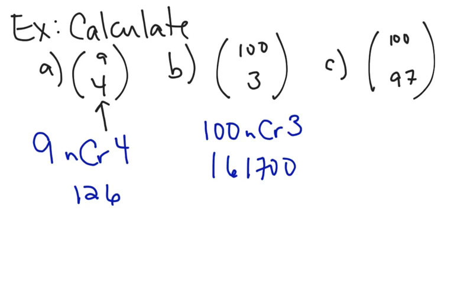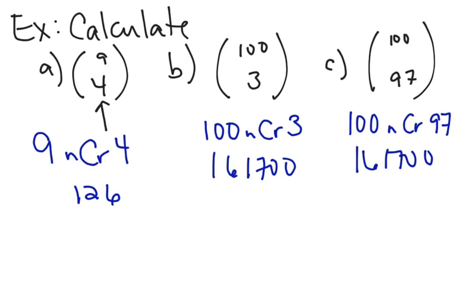In part C, it would be, again, raising a binomial to the 100th power and finding the 98th term. So you would do 100 nCr 97. When you type that in your calculator, you get 161,700. That's kind of interesting. Why did these two end up with the same answer? Well, think about how the Pascal's triangle works.